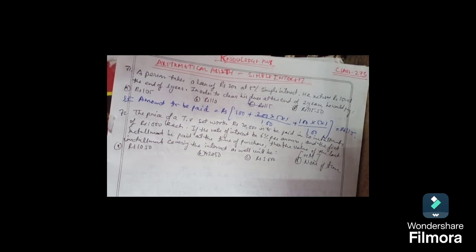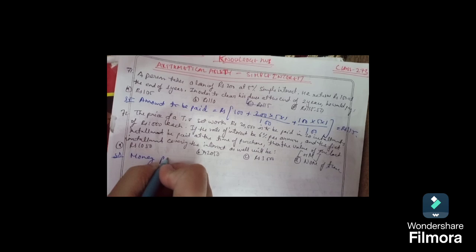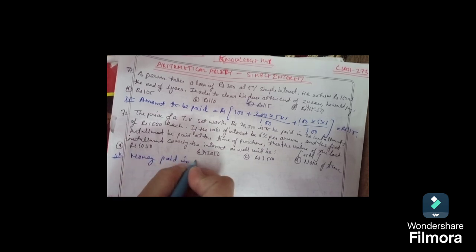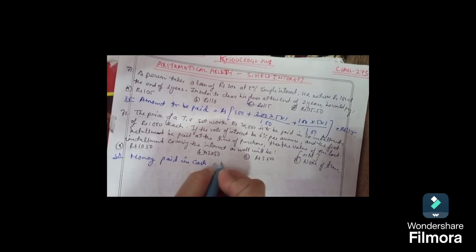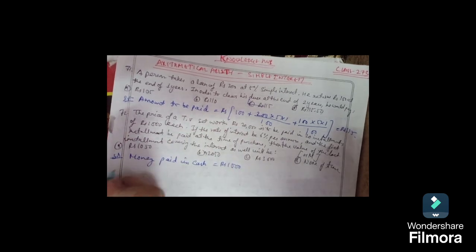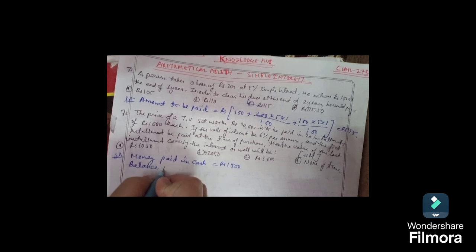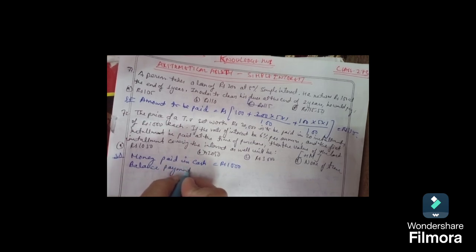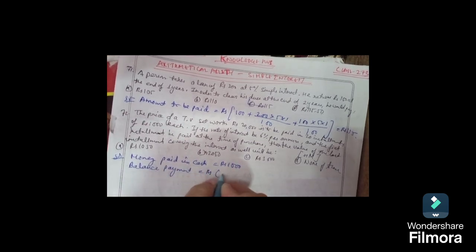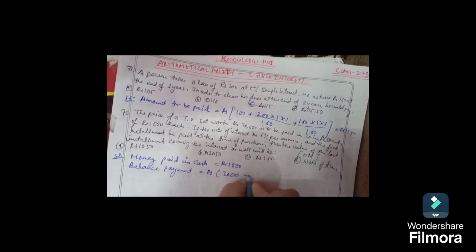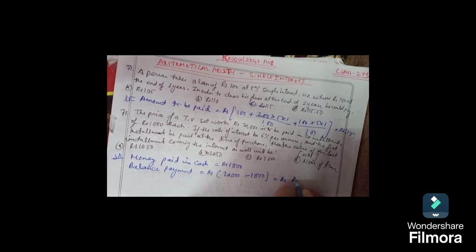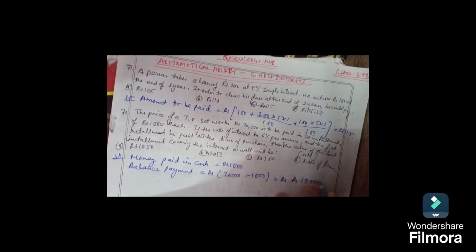Money paid in cash, rupees 1,000. Balance payment equals rupees 20,000 minus 1,000 equals rupees 19,000.